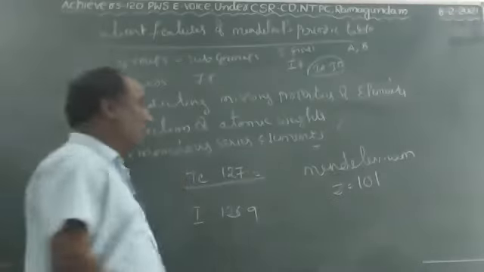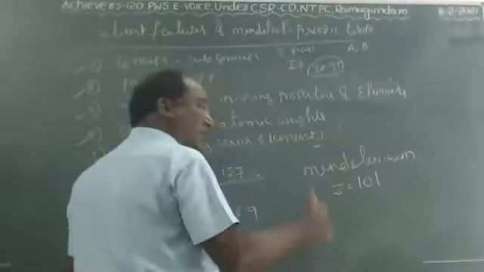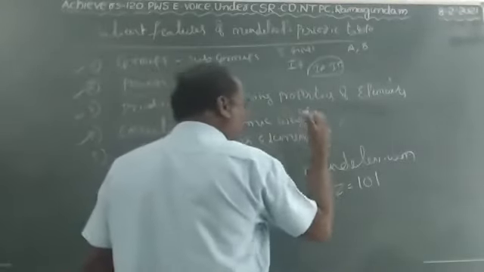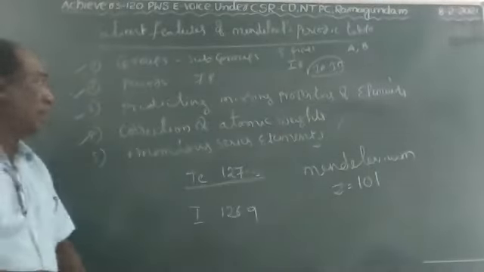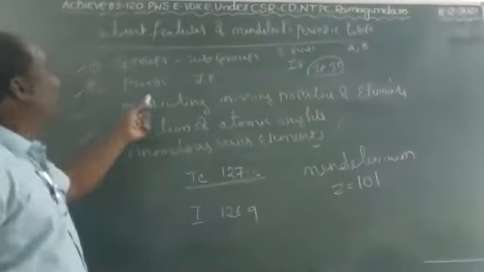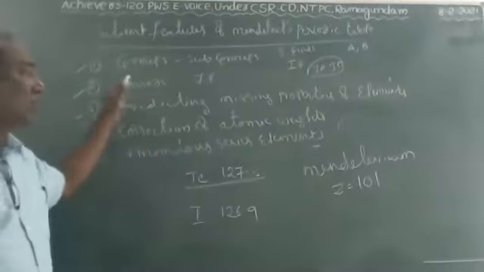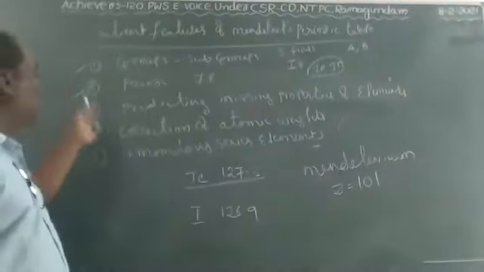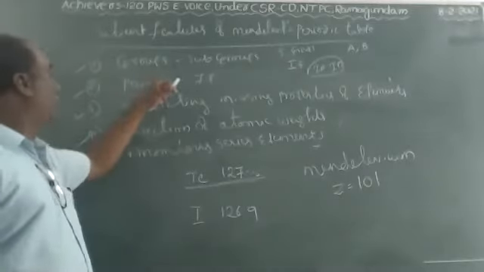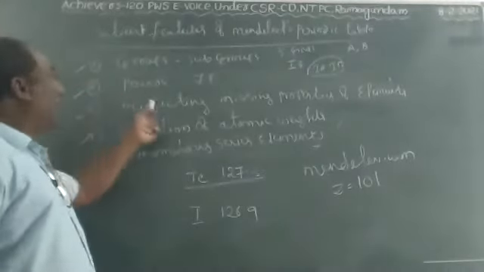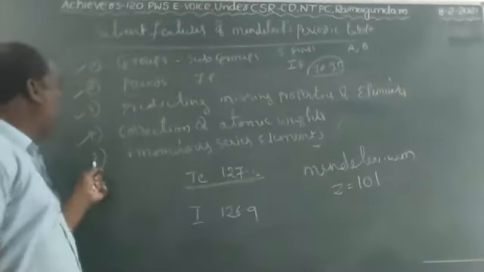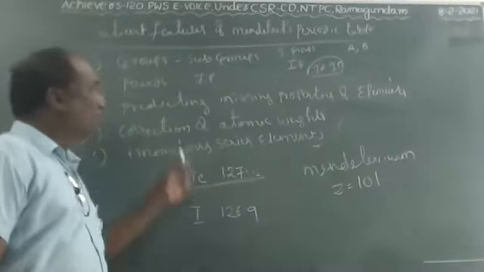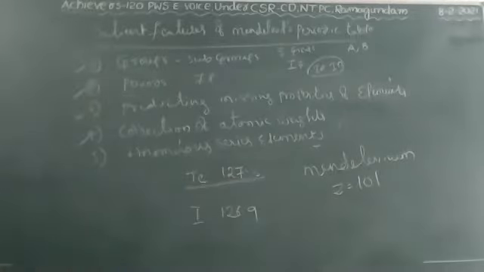So for this extraordinary thought, in his honor, an element was named Mendelevium, atomic number 101. These are the main salient features. It will come as a 4 marks question, very important. These 5 points: groups, subgroups, periods, predicting missing properties of elements, correction of atomic weights, and anomalous series elements. Very important. Keep concentrated.